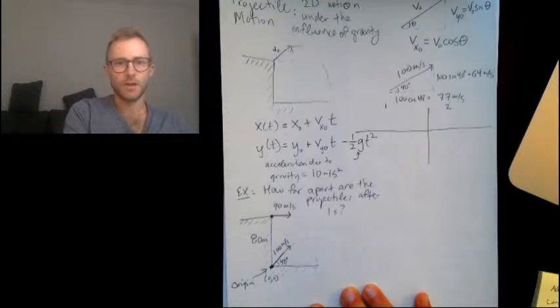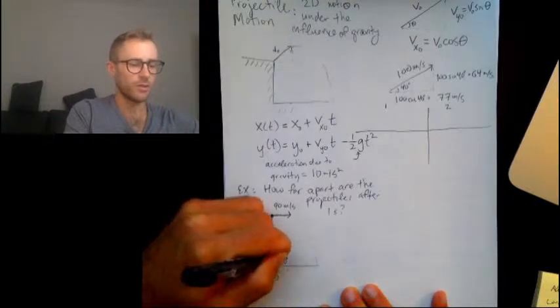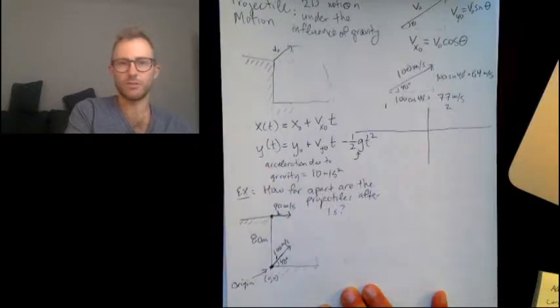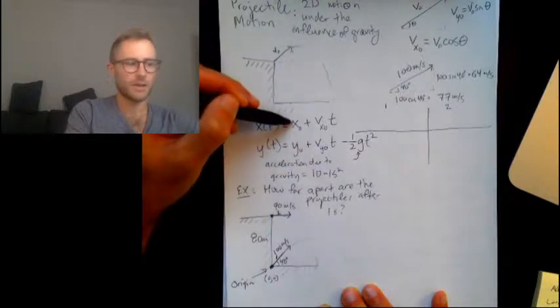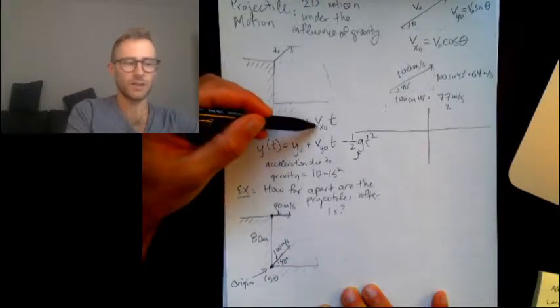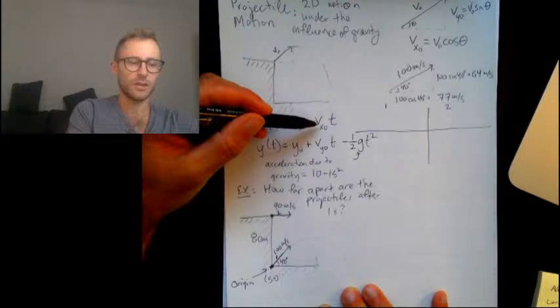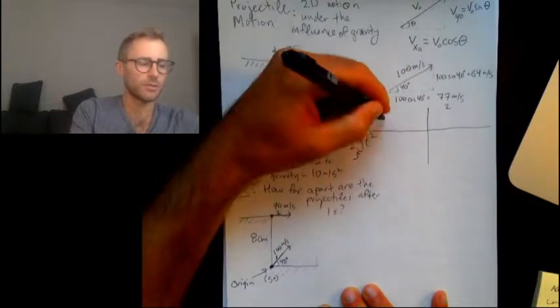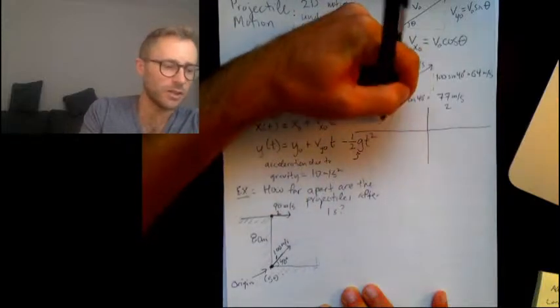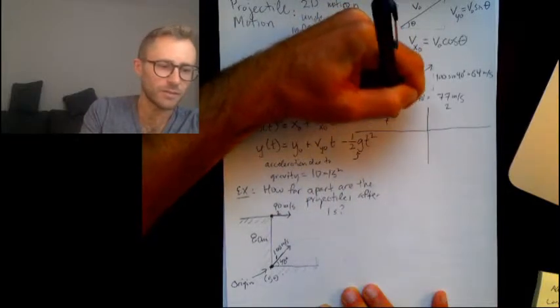All right. So, and I will call this projectile 1, and I will call this projectile 2. All right. So projectile 1 starts at the origin. So its x naught is 0, and its Vx naught, its initial horizontal velocity, is 77 meters per second. So this projectile 1 has an x of t given by 77 t.